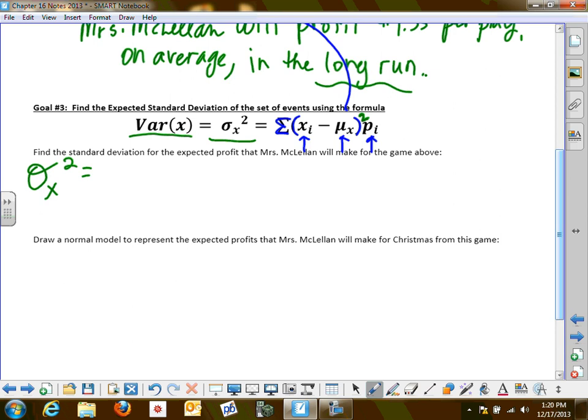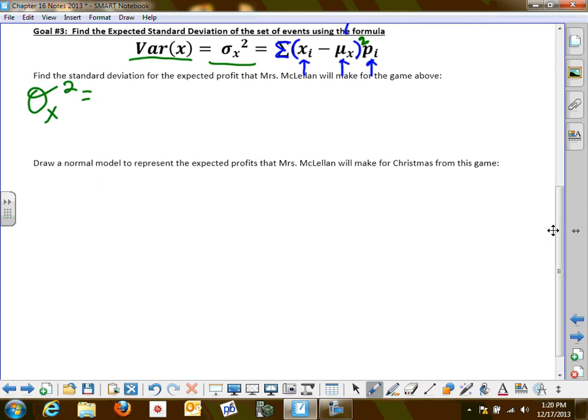So here we go. All right. My first profit was $5 minus the mean of $1.35, quantity squared, times the probability of that event, which was, what was the probability of me getting $5? 36 out of 52. All right.